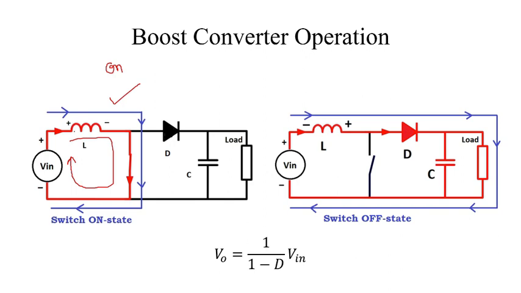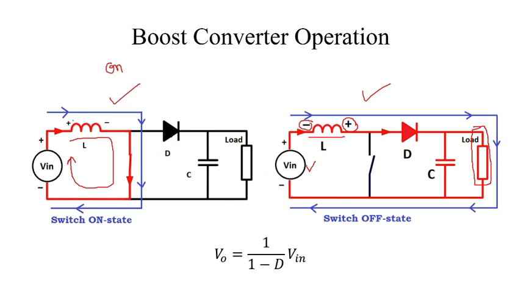In this time, the inductor stores the energy, and during the off time, the inductor's stored energy plus the input energy supplied by the source, these two are imposed on the load side. This is negative and this is positive during off.